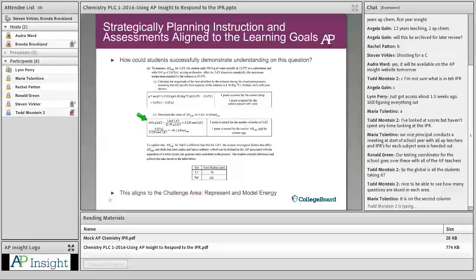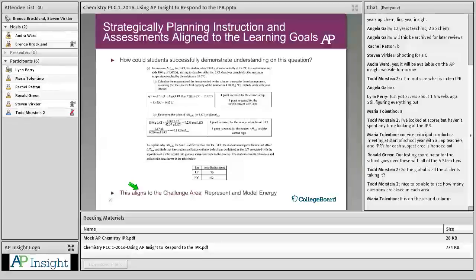So if I'm noticing that that's a flaw for myself in the IPR, things that I would like to improve on, things that I want to make sure that I'm offering to my students and providing them with activities, then I also know that that's going to relate to the challenge area, which is with respect to Big Idea 5, and going along with that representation of representing and modeling energy.